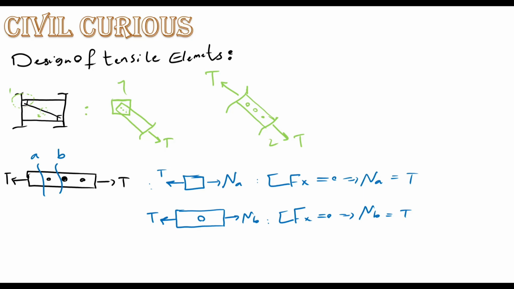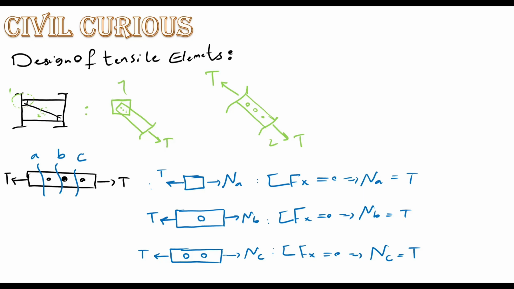I want to make a section cut here, C, and we have here the element for C, and here we have T and the axial load for C. Sigma Fx is equal to 0, then the axial load for C is T. Okay, and we have here two holes, you know.